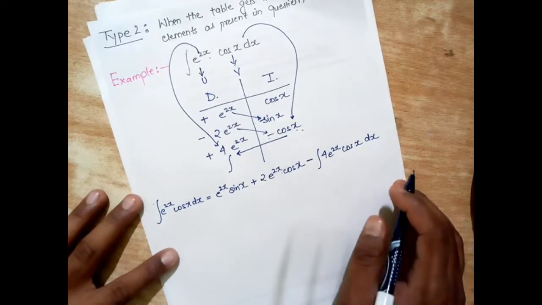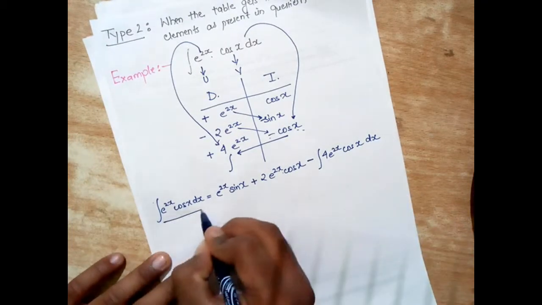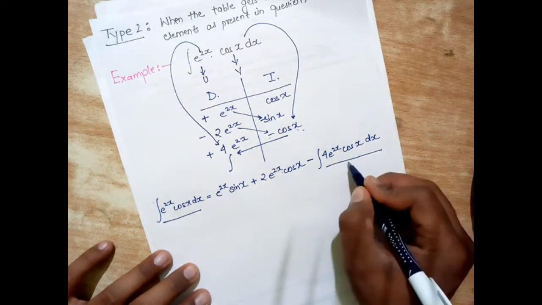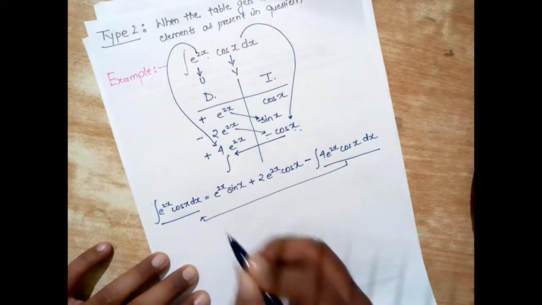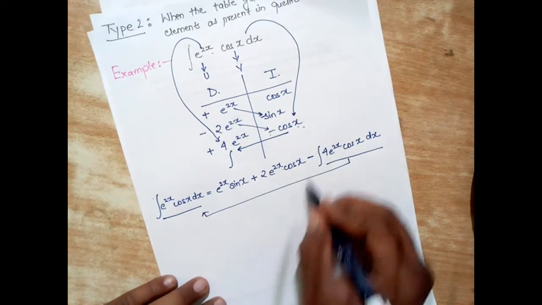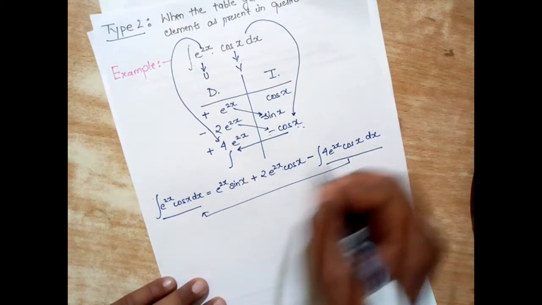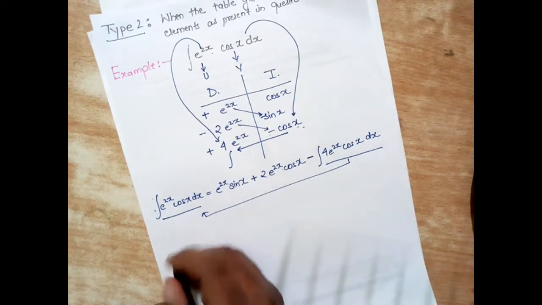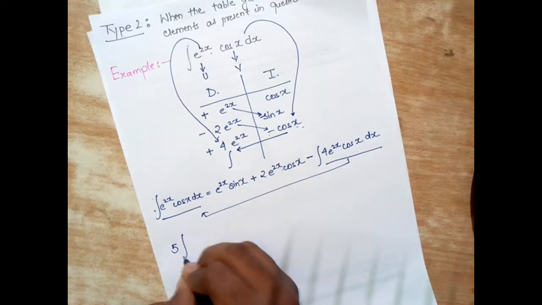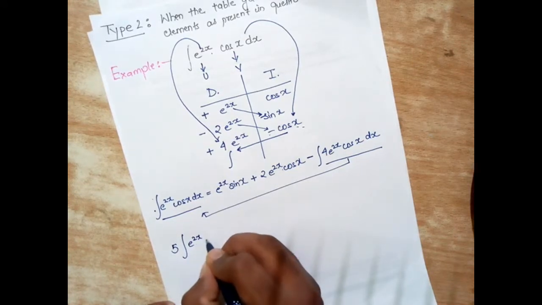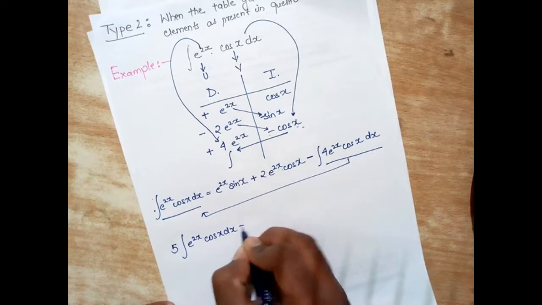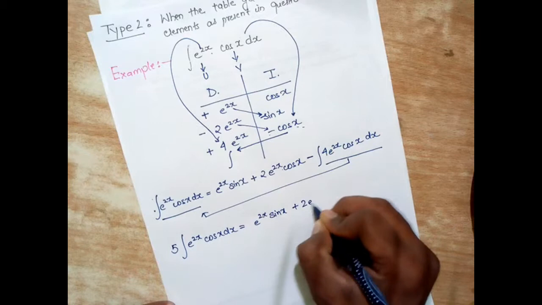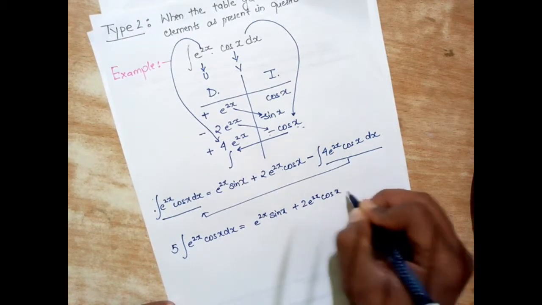Now if you guys look closely, this term and this term could be equated. So if I take this one to this side, to the LHS, we can get an addition of these two elements, which will give 4 plus 1, 5 integration of e to the 2x cos x dx, equal to e to the power 2x sin x plus 2 e to the power 2x cos x.